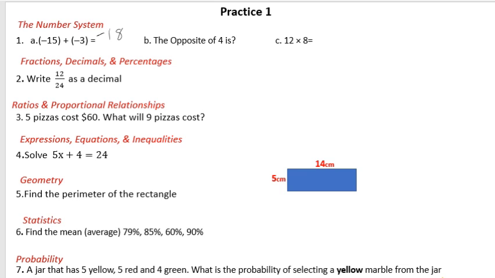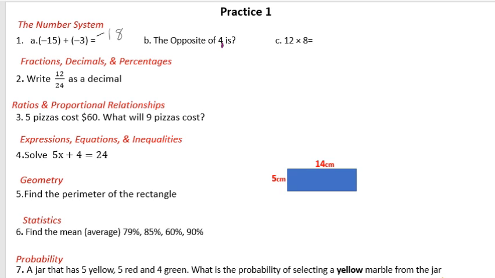So when doing math, and they ask for the opposite of a number, it will most likely be the negative or positive of that number, depending on if the number is negative or positive. In this case, this number is positive because whenever you see a number that's by itself, like this 4 right here, there's no sign in front of it, so it's automatically positive.